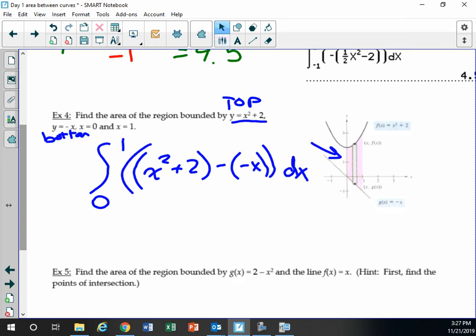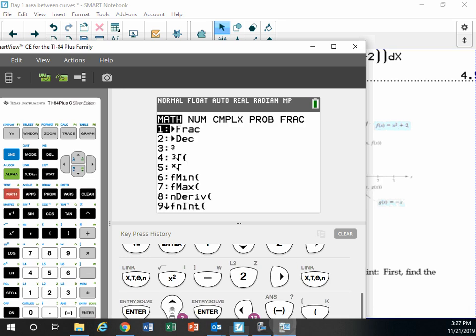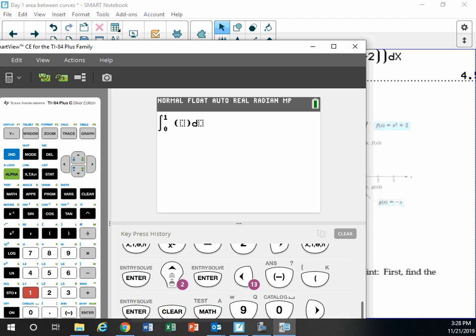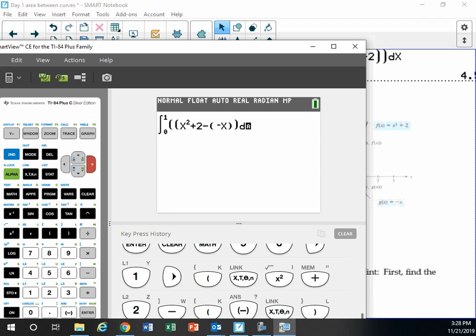And because of timing, we're just going to put this in our calculator. Some of these will be on calculator, some will be non-calculator. We're going from 0 to 1 of x squared plus 2x minus negative x. Now I can obviously do the math there and make that just plus x. I'm literally writing it out to show you that I can.